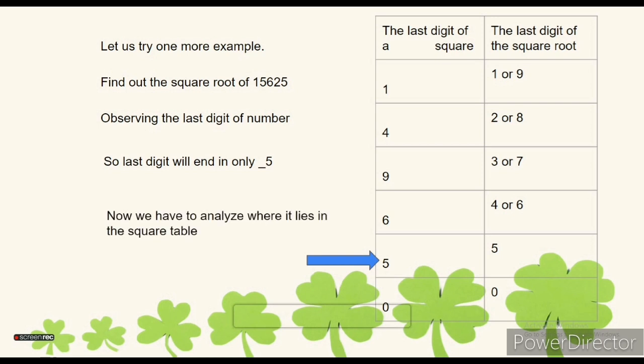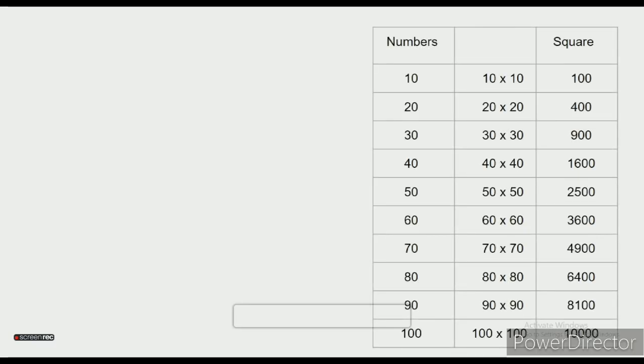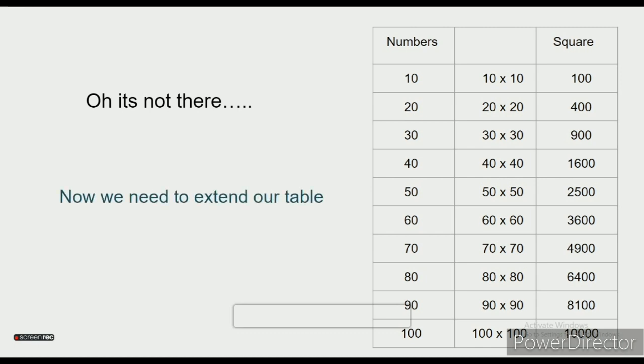Now, we have to analyze where it lies in the square table. Analyzing the table, we got that it is not there. So, now we need to extend our table.